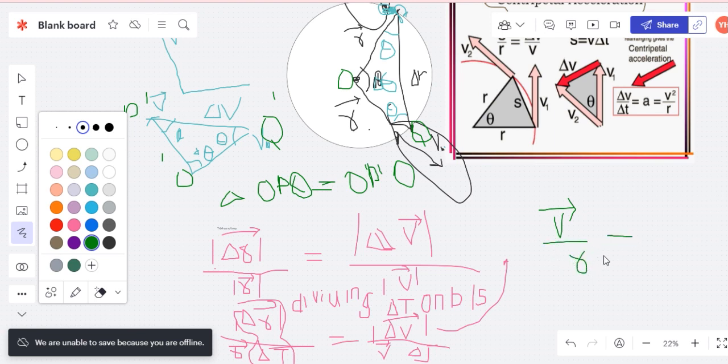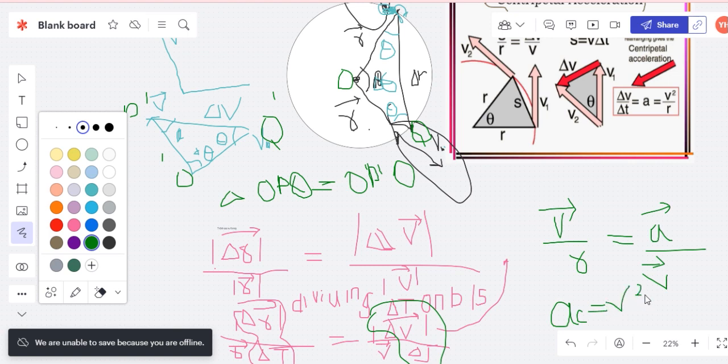Now we know that change in velocity upon change in time is equal to acceleration, a vector, and then velocity is remaining. Multiplying velocity with velocity, the centripetal acceleration is equal to v square divided by r.